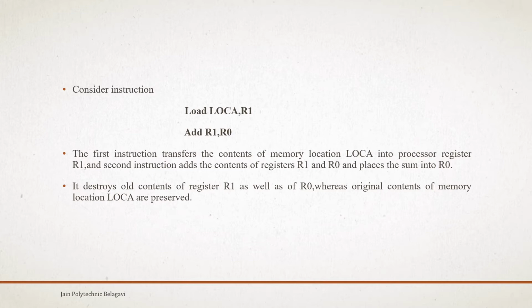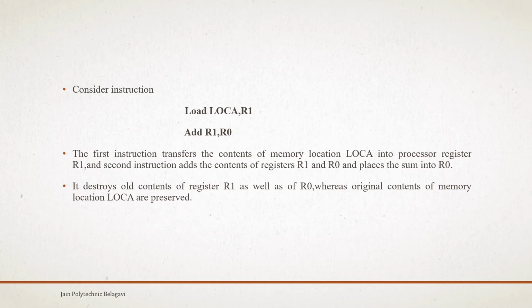During this addition, if you add R1 as well as R0, after the addition the old contents of R1 as well as R0 will be destroyed. Even though R1 is added and the result is stored in R0, all the previous contents of R1 and R0 will be erased after the summation.